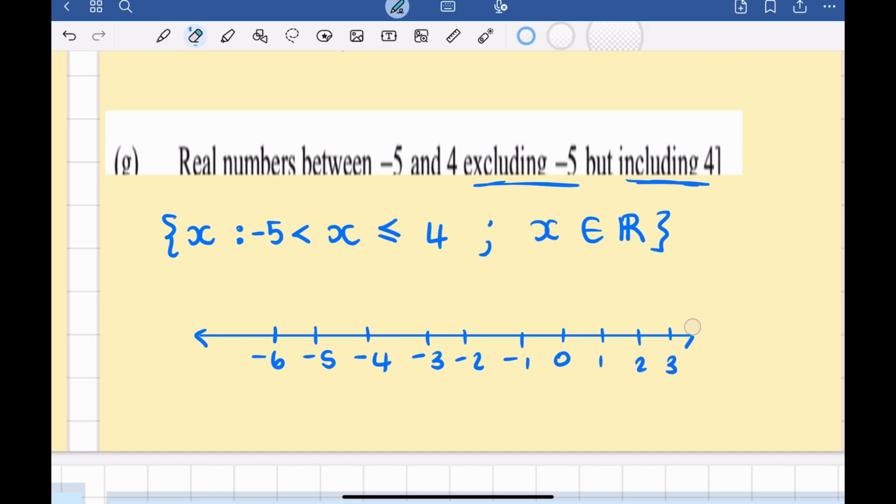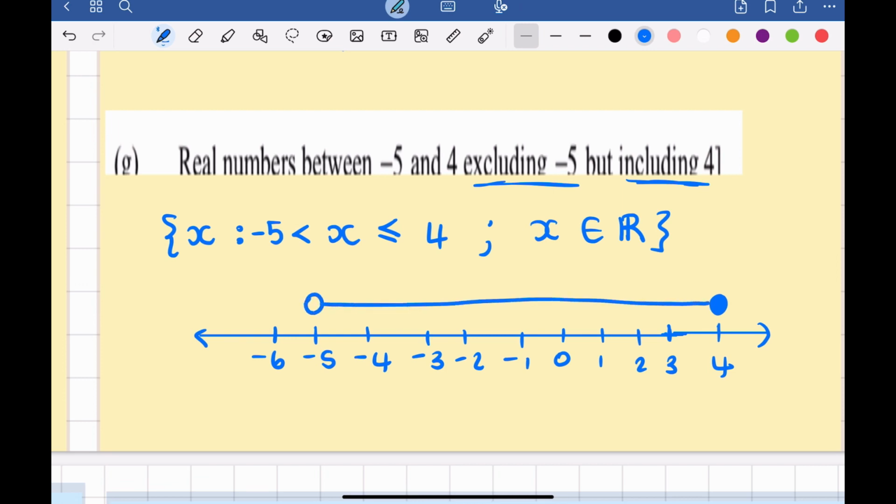I'm going to run out of space, so I'm going to carry on here. The 4 is included, so that's a full circle, but the -5 is excluded, and then you connect those two because x is between -5 and 4.